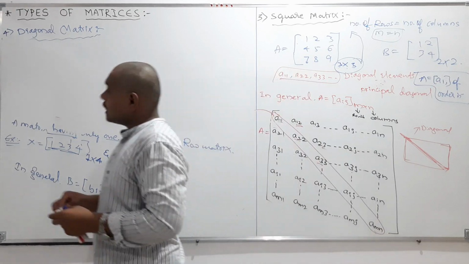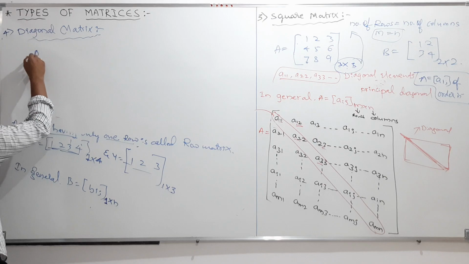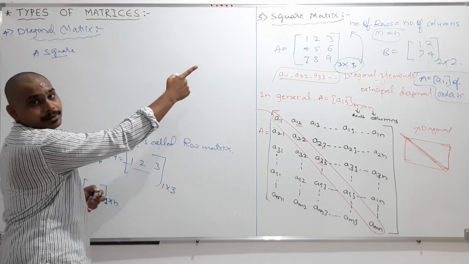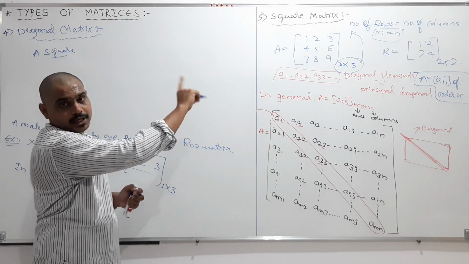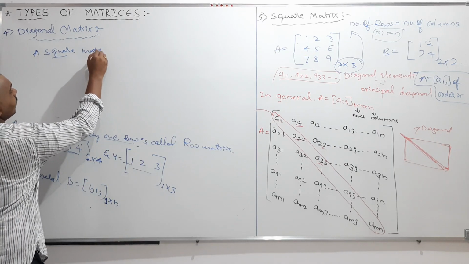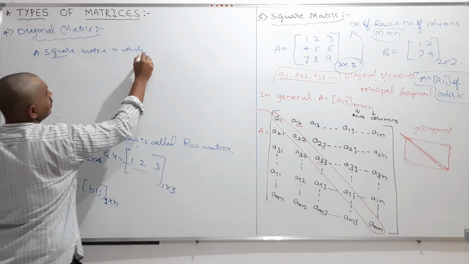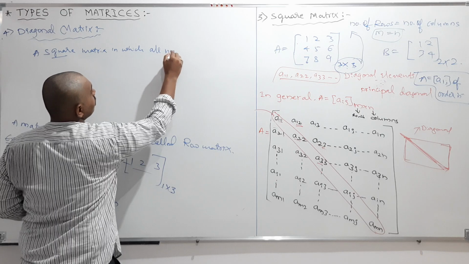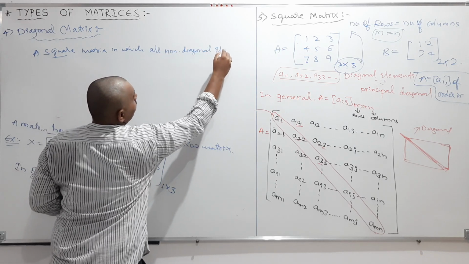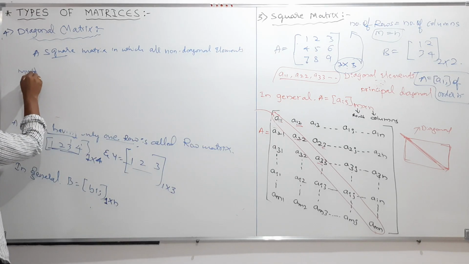So my dear students, a diagonal matrix means a square matrix. We should always take the square matrix. So what is the square matrix? Square matrix means the number of rows must be equal to the number of columns. So therefore a diagonal matrix is a square matrix in which all non-diagonal elements must be 0.